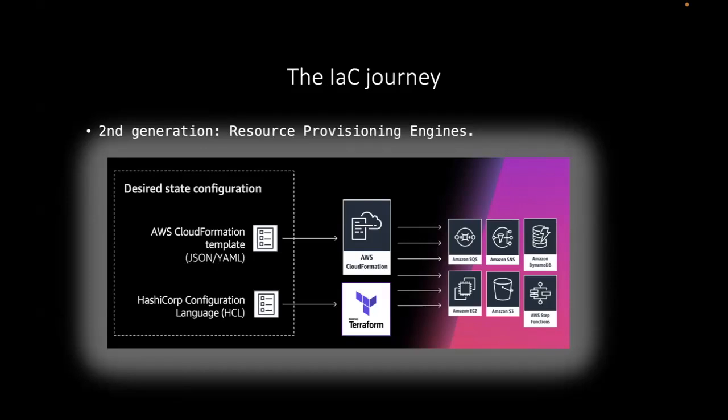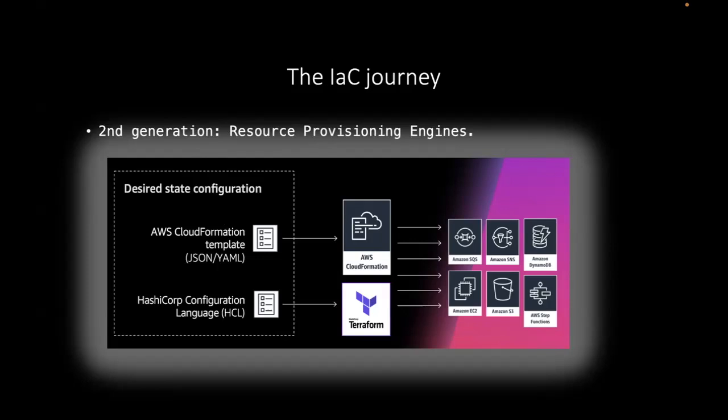But the beauty of these resource provisioning engines was if you wanted to change the state of your infrastructure, maybe add some new resources, change the configuration of existing resources, what you did was you went back to your YAML file and you made the edits to that. And so your YAML file or your CloudFormation template now described the new state of your infrastructure that you desired.